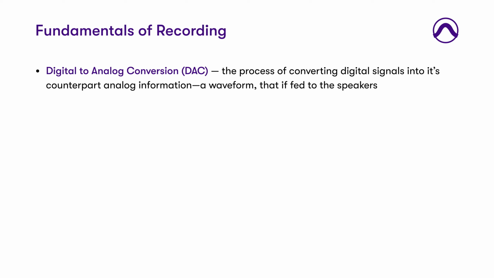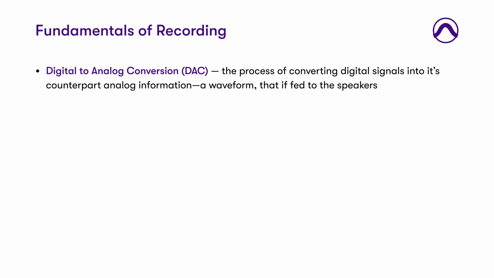But what if you're recording a signal that needs no conversion? Like, for example, if you're recording something that is already digital, should we still do a conversion? It's important to understand that in the world of recording, every conversion you do will reduce the quality of the original signal.